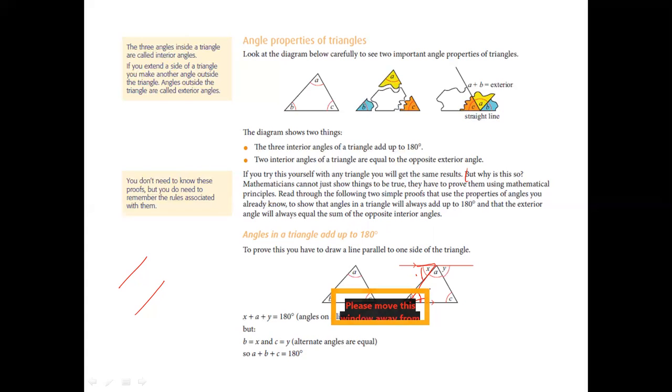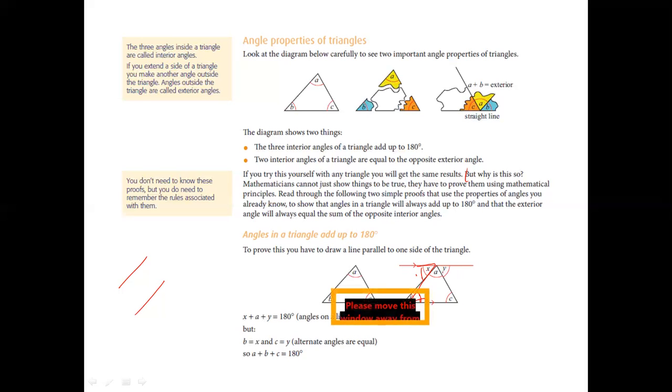So a plus b plus c is equal to 180. And also x plus a plus y is equal to 180. If you put b in the place of x, you will get a plus b plus c is equal to 180.